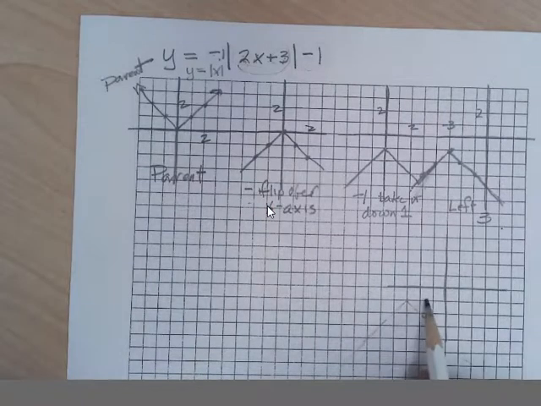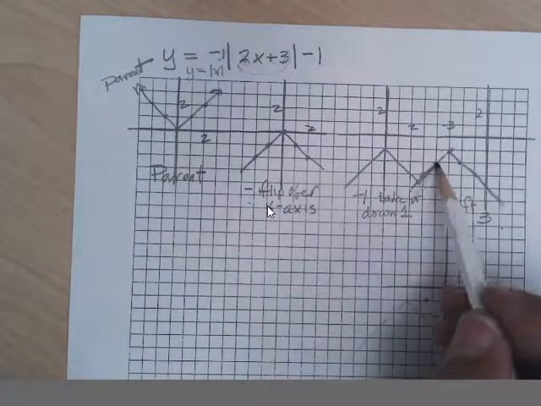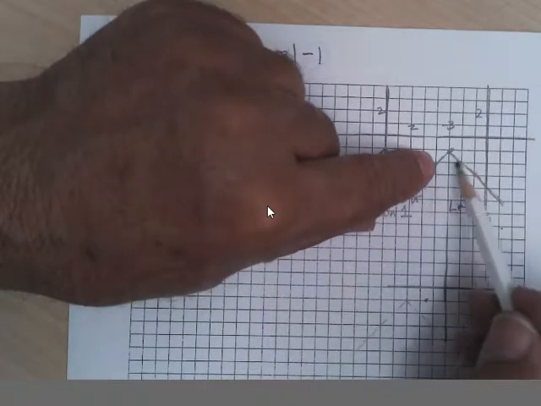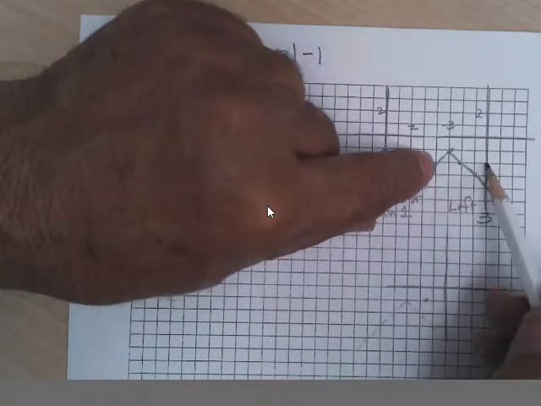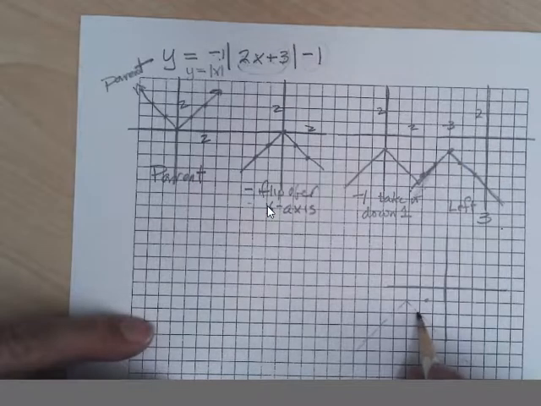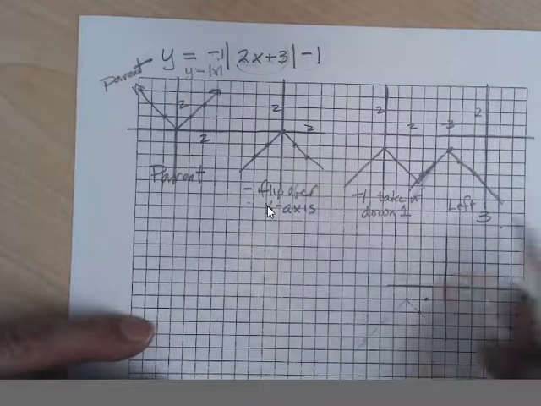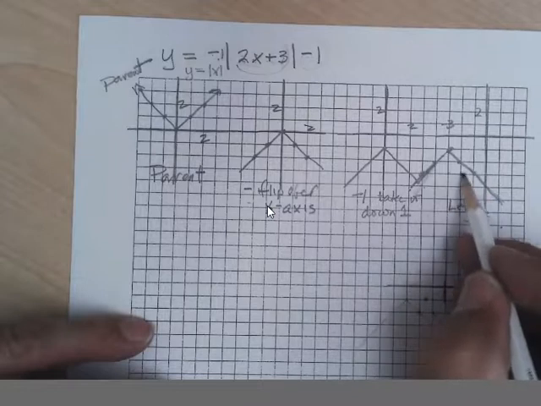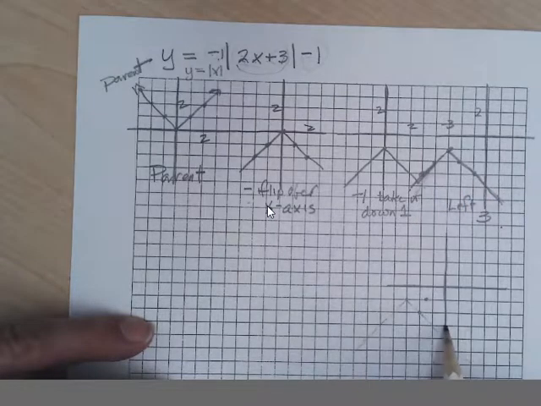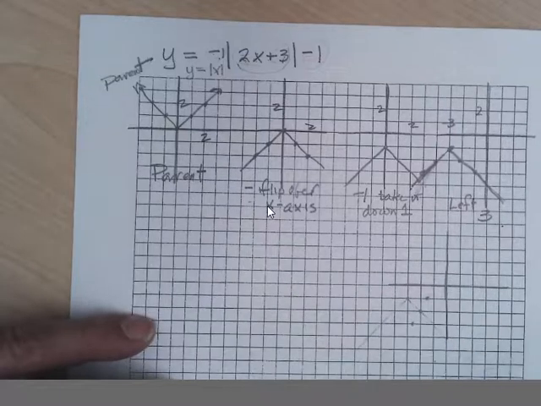So this point gets pushed to there. This point, how far is it from the y-axis? It's minus 1, 2, 3, 4, so it gets taken half as far away, so it gets moved to minus 2. And this point was 1, 2, 3, 4, 5, and so it gets moved to 1 half, 2 halves, 3 halves, 4 halves, 5 halves.